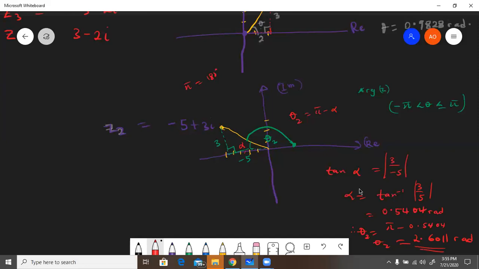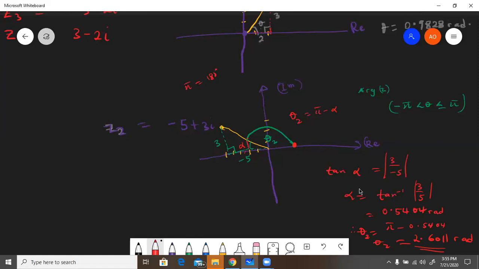I think you remember what I did. I measured the argument from the positive real axis to this place. So that's our theta 2. For us to determine the size of this angle, we need to know the size of this acute angle here.